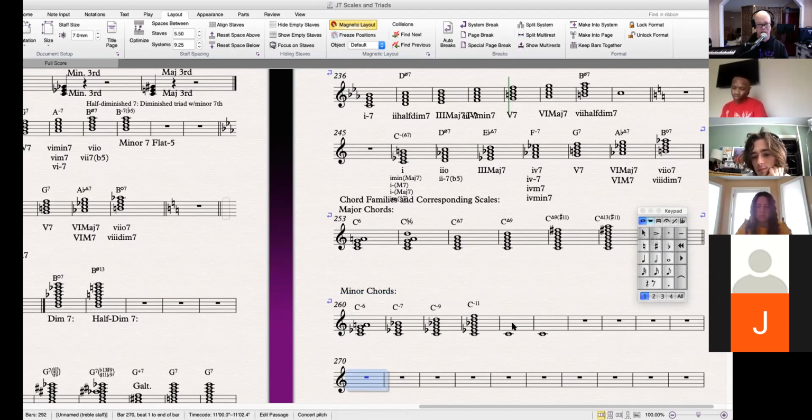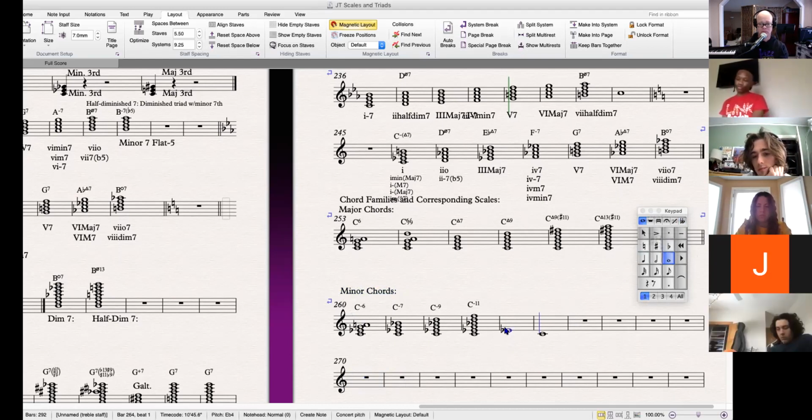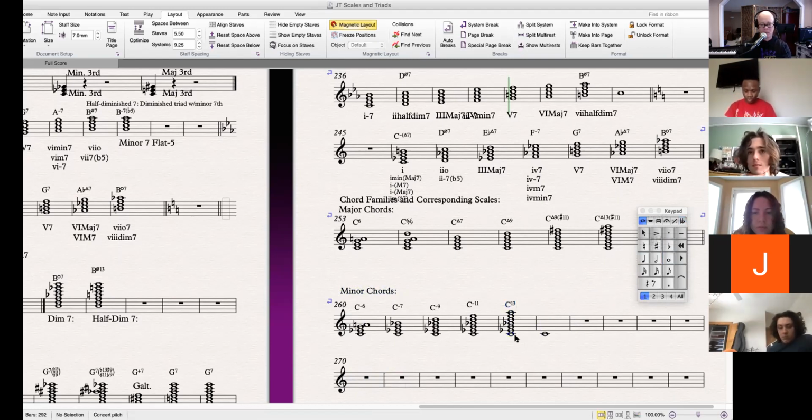All right. And then we get the same thing going up. So here on the C13, we tend to use A natural, but A flat you can use if you want, and then you'd call it a flat 13.